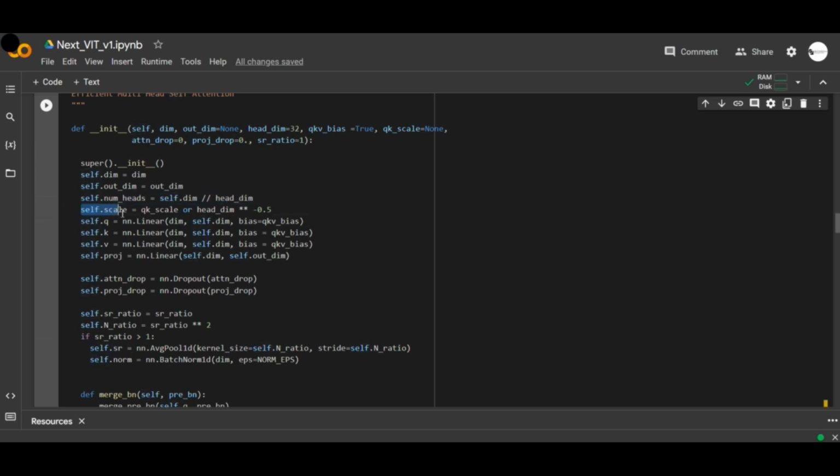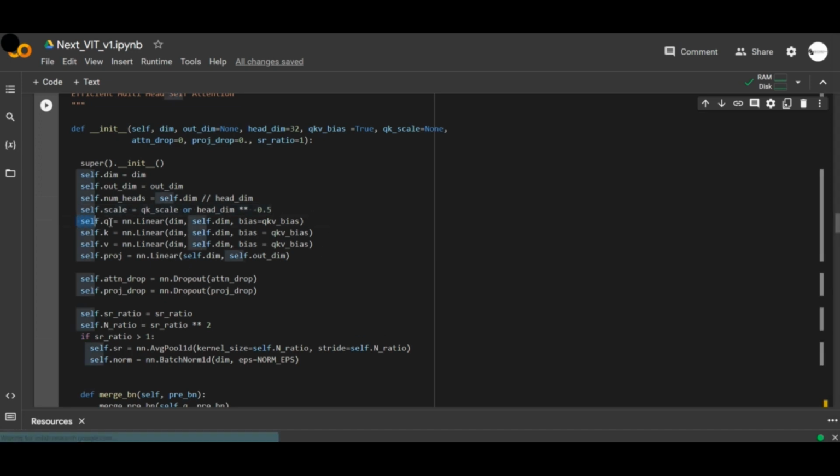Then we're going to have the self scale, which is the head dimension to the power of negative 0.5. Essentially this is more like a scale factor for the dot product of the query and key matrices.